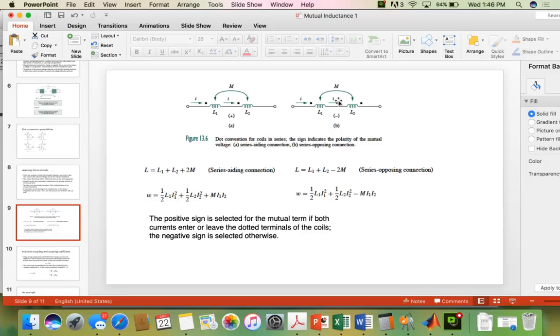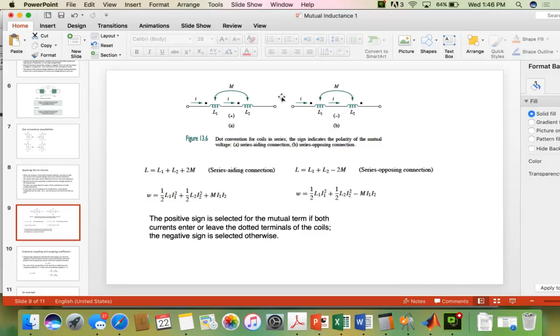If you look at the figure on the right hand side, you'll notice the dots are on opposite ends of this series connection. So what's going to happen then is, remember when current enters this dot, the induced voltage over here is positive on the dot side and negative here.